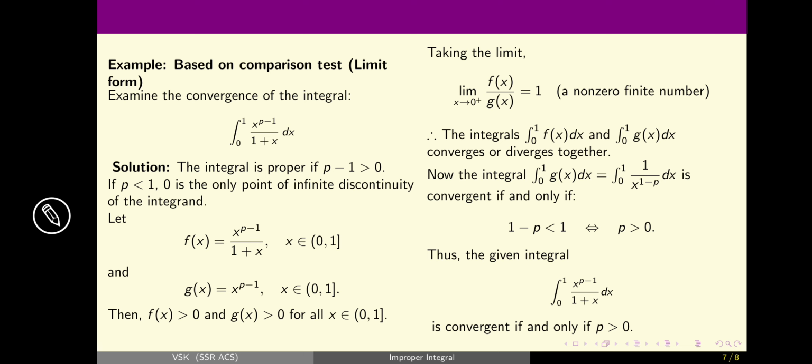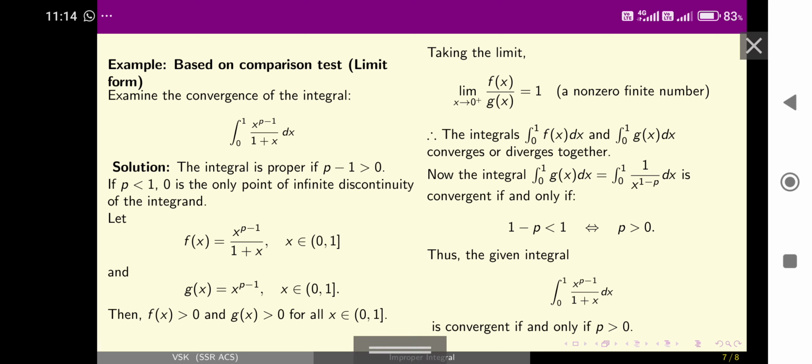Now let us see one example based on the comparison test. Examine the convergence of the integral from 0 to 1 of x^(p−1)/(1+x) dx. Let us see the solution. The integral is proper when p−1 is greater than or equal to 0, so between 0 and 1 this does not create any problem in the sense that it is integrable.